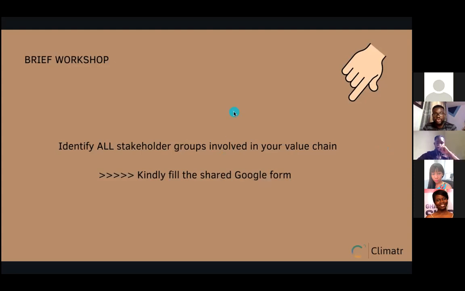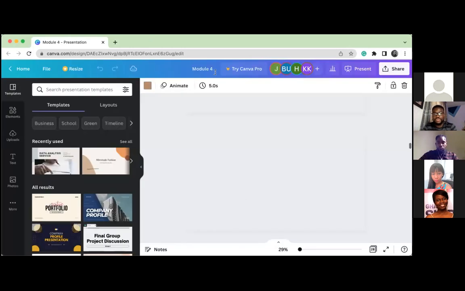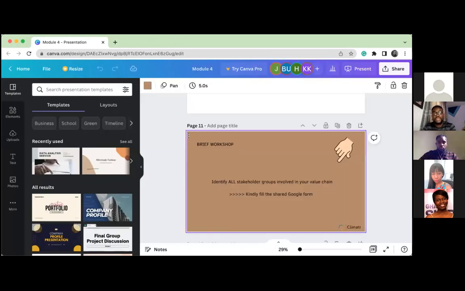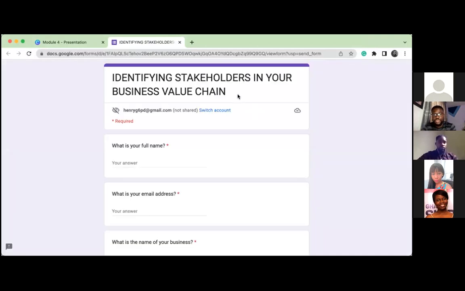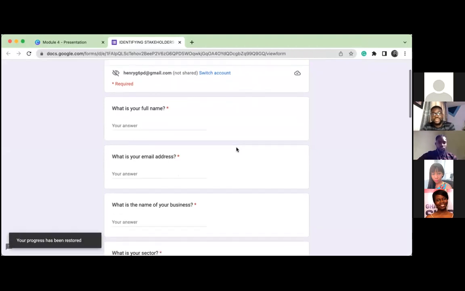Whilst you're on the link, which I believe we all are, I'll just run you through what is needed. You put your name, email address, name of your business, and the business sector you happen to play in. For some of us, we're in the agro supply space, the agribusiness space. Some are in the e-waste space. Whatever space or sector you play in, you input that. The next question is more about your internal stakeholders, right?